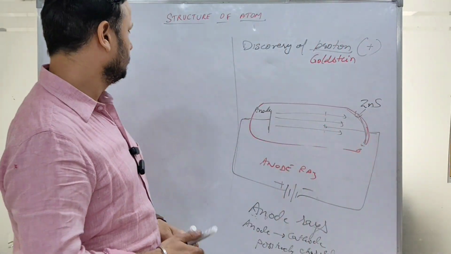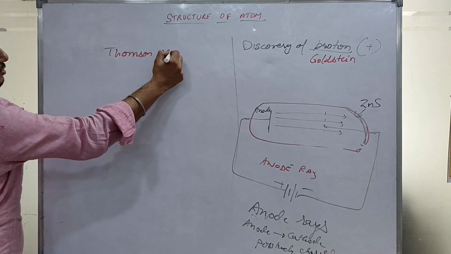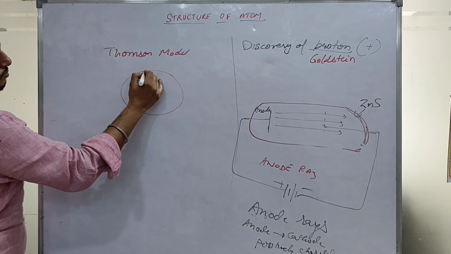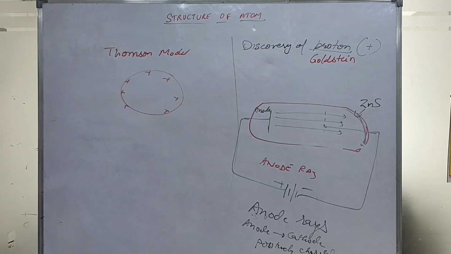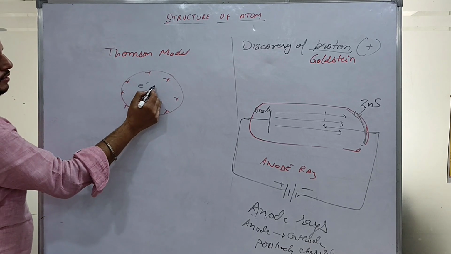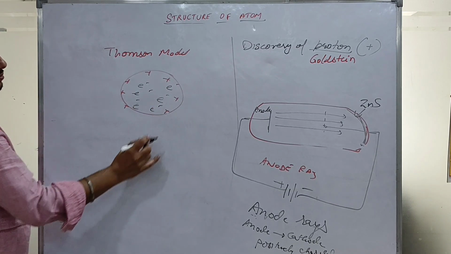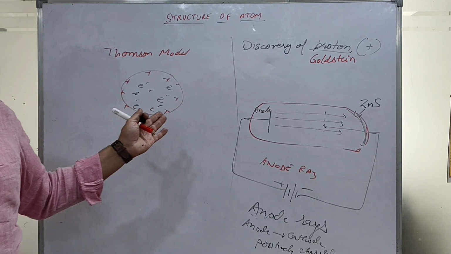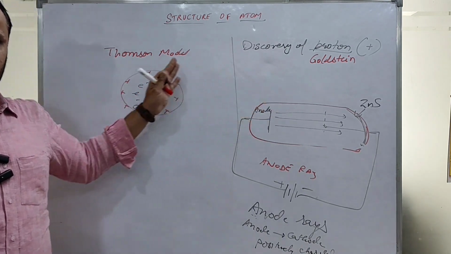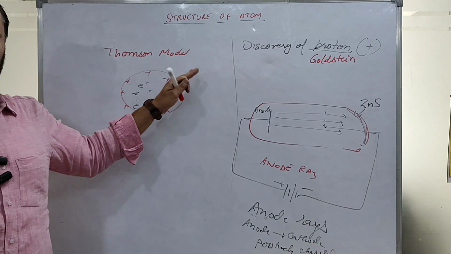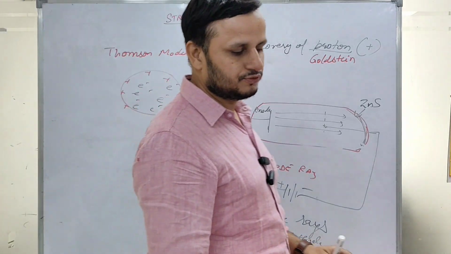This is the Thomson model. The body is positively charged and electrons are randomly distributed. But at that time, in Thomson's time, protons were not discovered, he just mentioned positively charged.